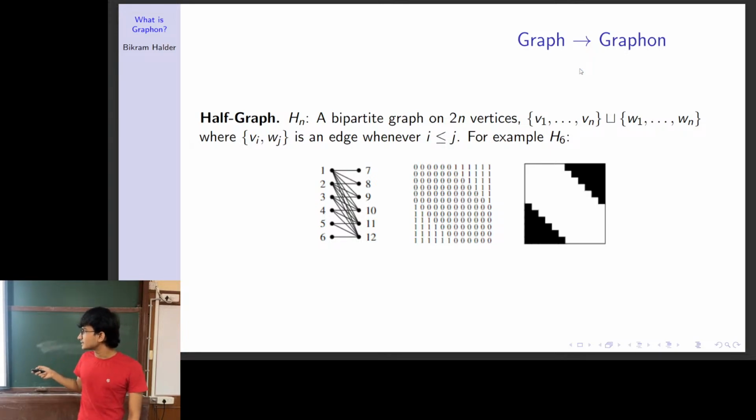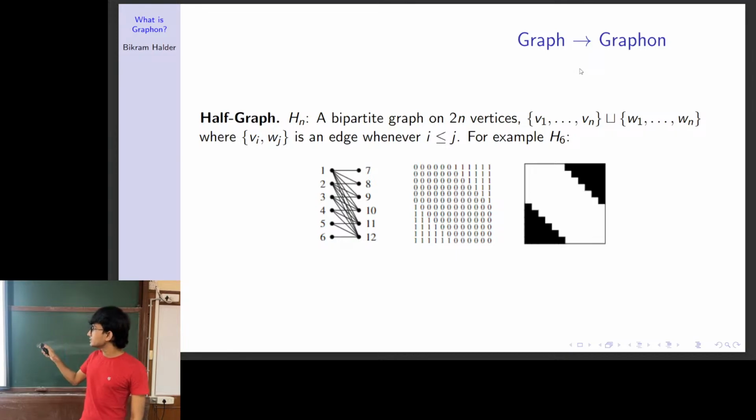So, for example, for H6, you have a graph like this, and you write its adjacency matrix. On the [0,1] square, you divide the square into boxes and put 0 and 1 into the individual boxes, and then define the graphon to be that 0-1 function.